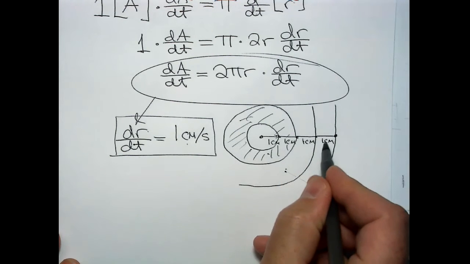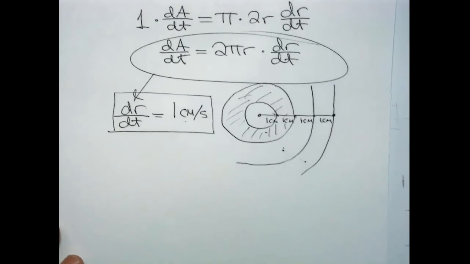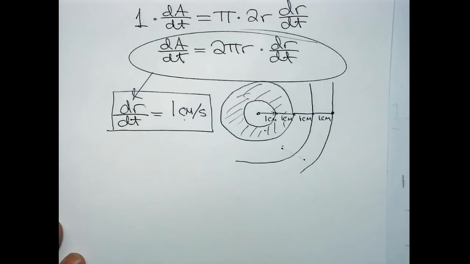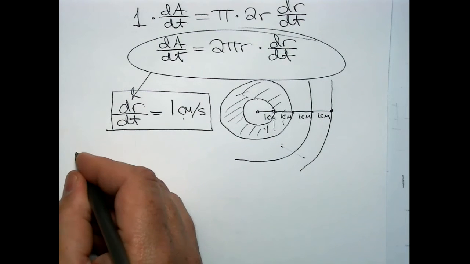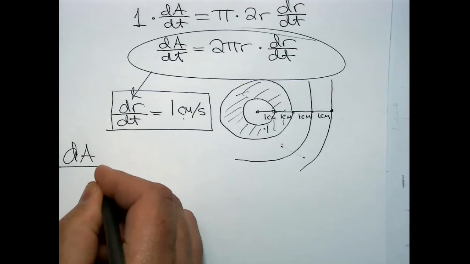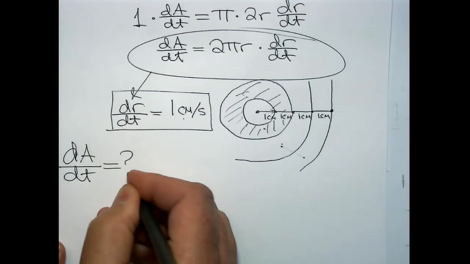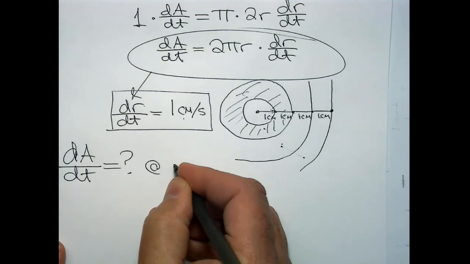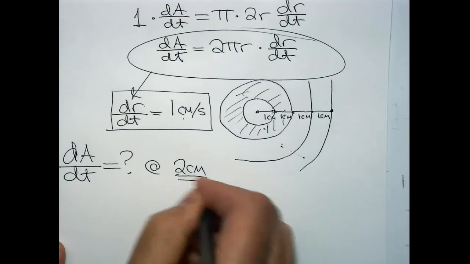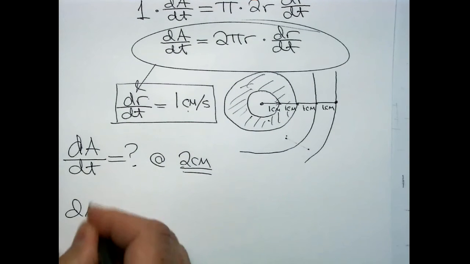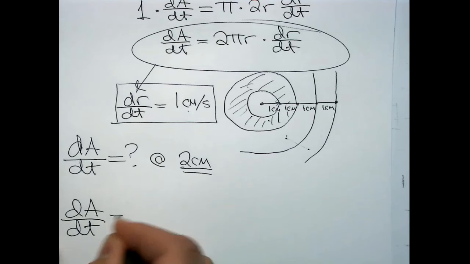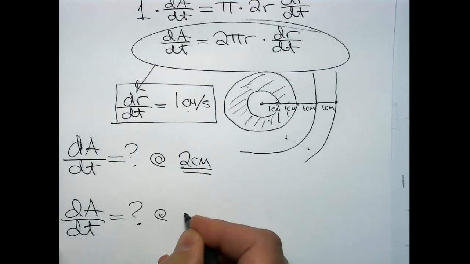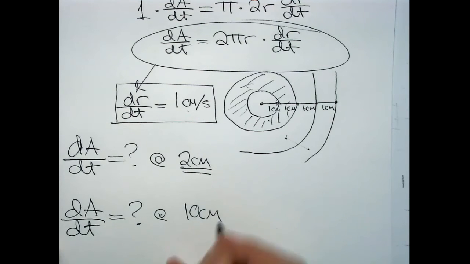Every second you wait, the radius of the oil spill grows 1 centimeter all day long. I wonder, what is dA/dt at 2 centimeters for our oil spill? And I also wonder what dA/dt is later on at 10 centimeters.